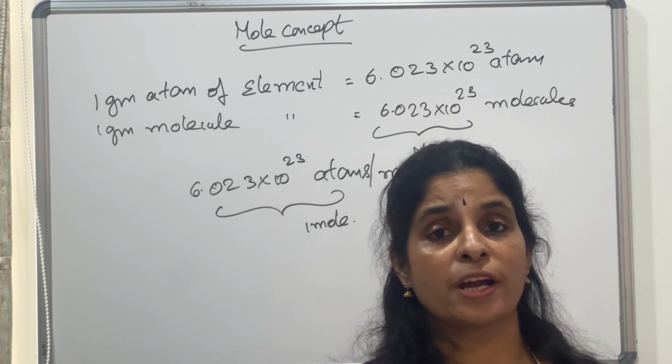Okay, now what is a molar volume? Before going into molar volume, we'll discuss what is molar mass or molecular weight. Molar mass or molecular weight is the weight of 1 mole of a substance in grams.